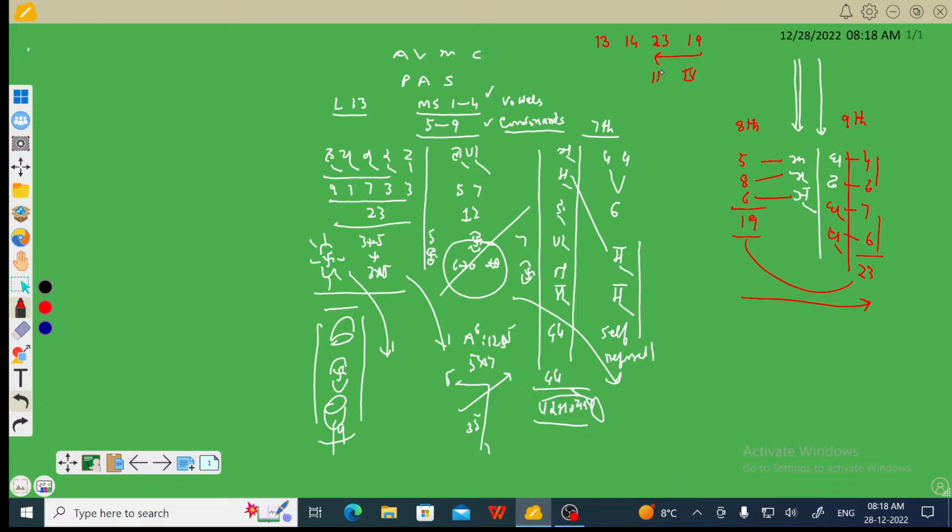How 3rd and 4th sutras in particular orientation and 8th and 9th in the reverse orientation.